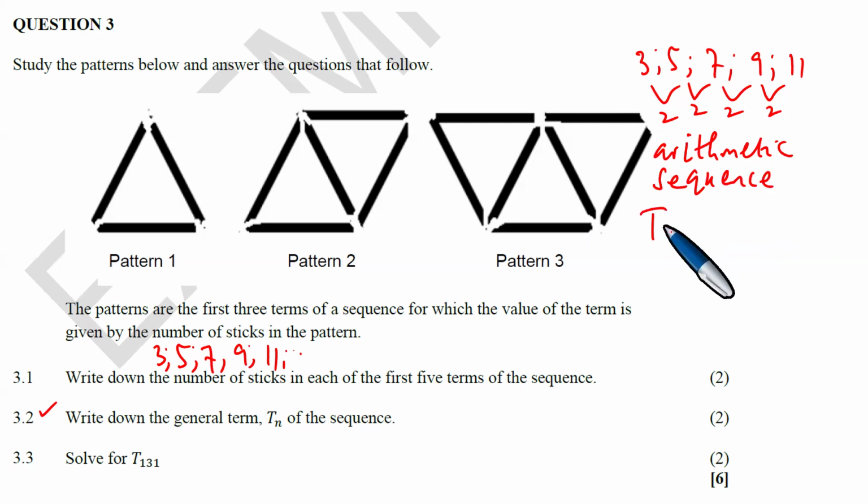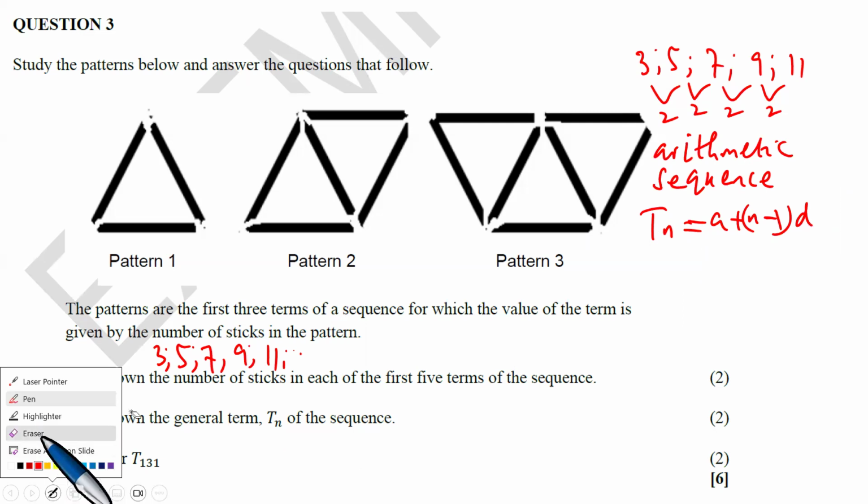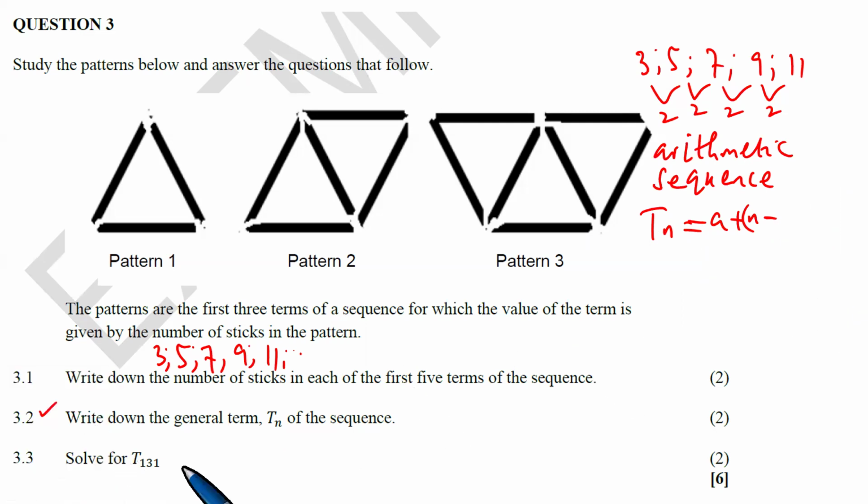The formula for arithmetic sequences is Tn equals a plus n minus 1 times d. Do you remember this one, Paul? Maybe your teacher never told you this. I'm happy that you remember it. So the common difference is what you're getting when you subtract, and 2 is common. The first term is 3.